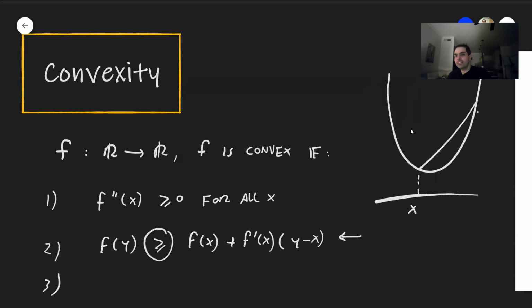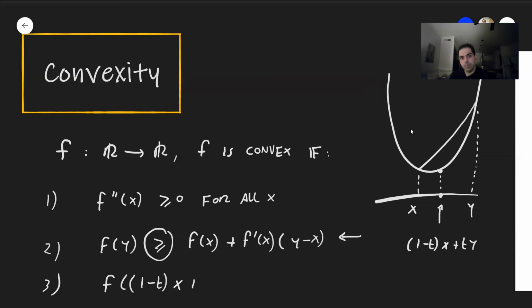Now, how do you write a secant line? Well, if this is x and this is y, then any point of the segment from x to y can be written as (1 minus t)x plus ty. And what we're saying is that f at that point, so f of (1 minus t)x plus ty, is less than or equal to this combination but with f of x and f of y.